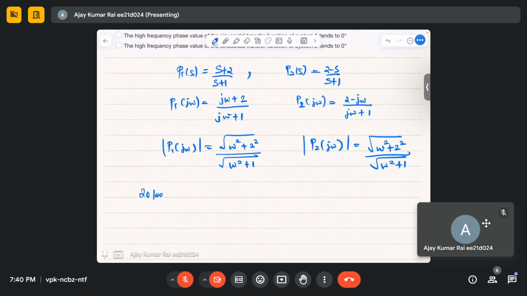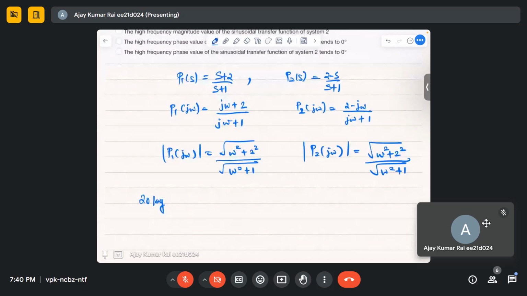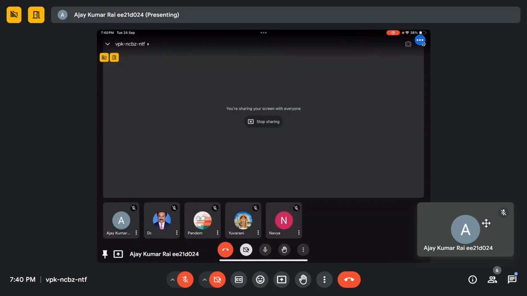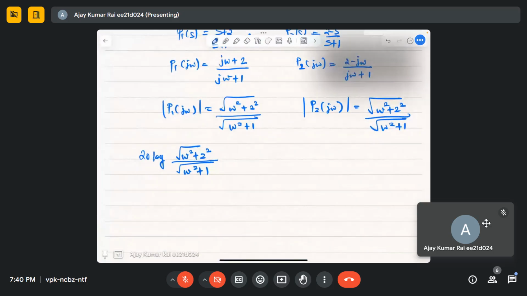So how to find out? 20 log of the square root of omega square plus 2 square over omega square plus 1. Okay, so this is the magnitude.